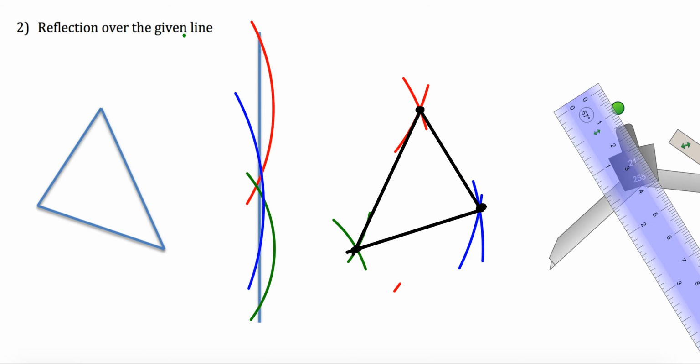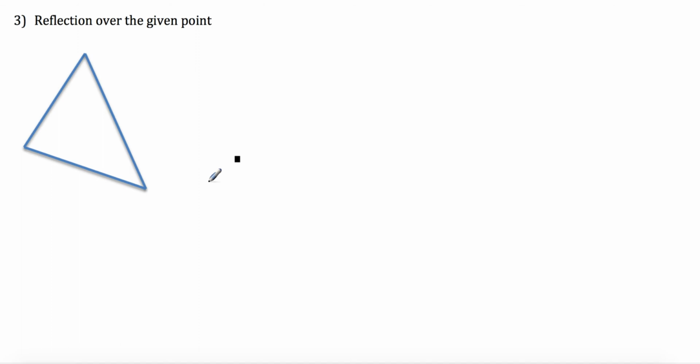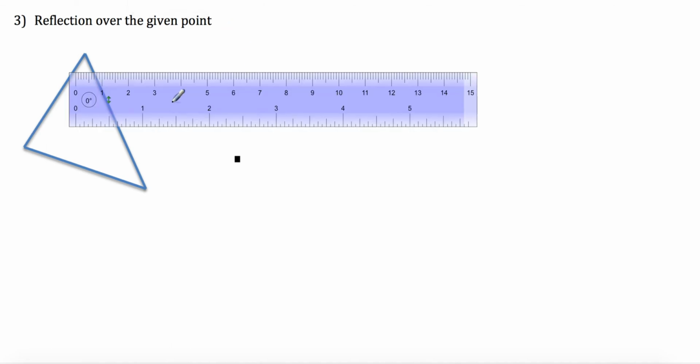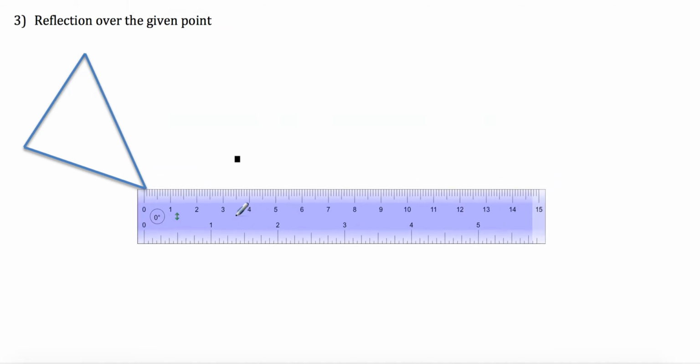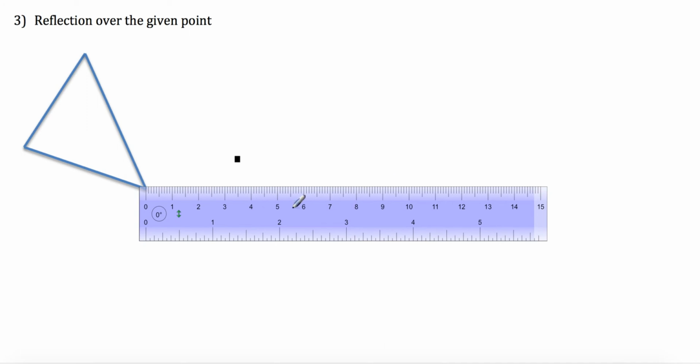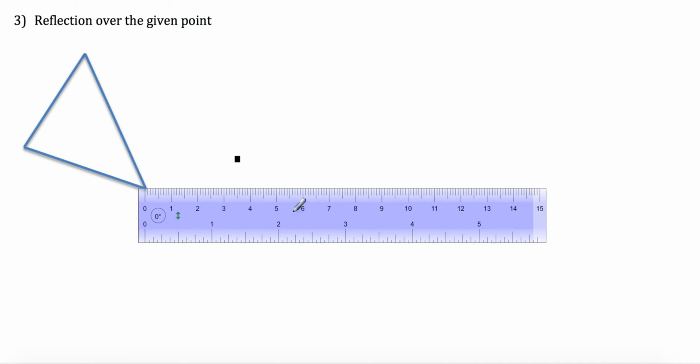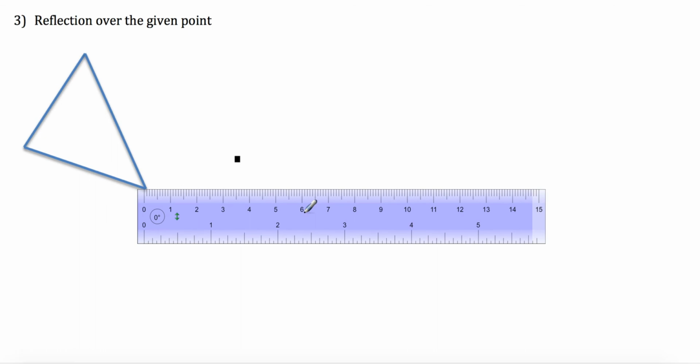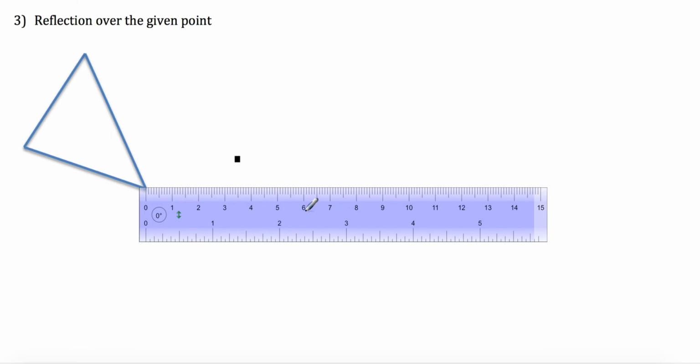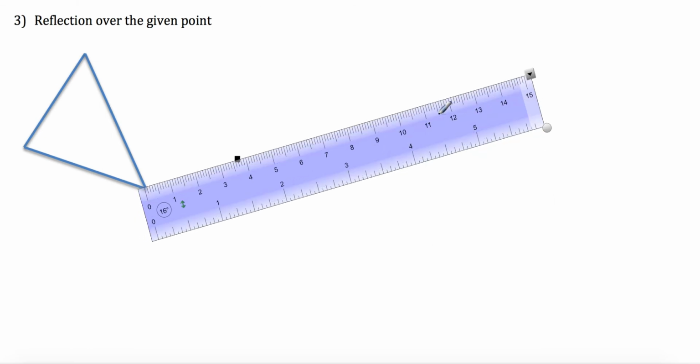All right. Third is that we need to get the reflection over this particular point. Once again, there are different ways of doing it, but our approach will be simply finding or copying the line segment. That's the concept which we will be using.